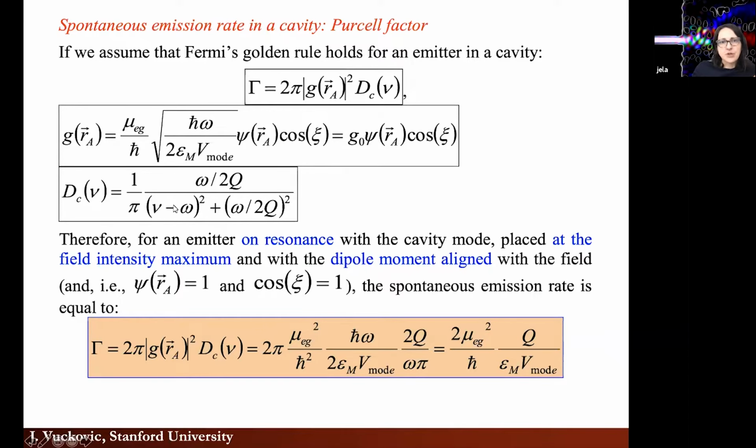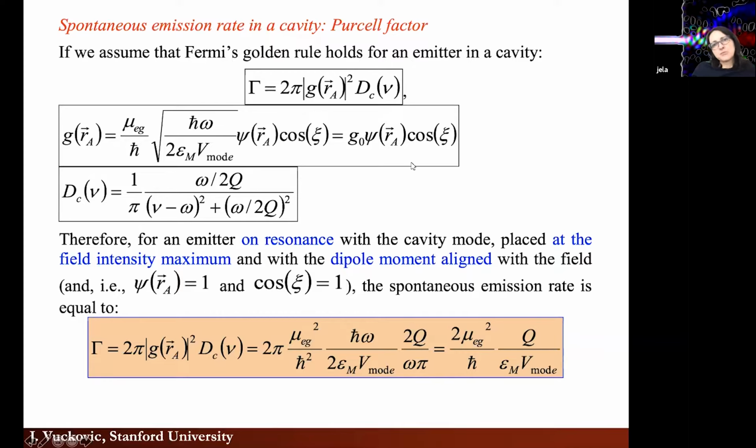So the density of optical modes would be equal to 2Q over omega pi, which is something that we found from our mode counting, proportional to Q over omega. So density of optical modes is 2Q over omega pi for an atom on resonance with the field.